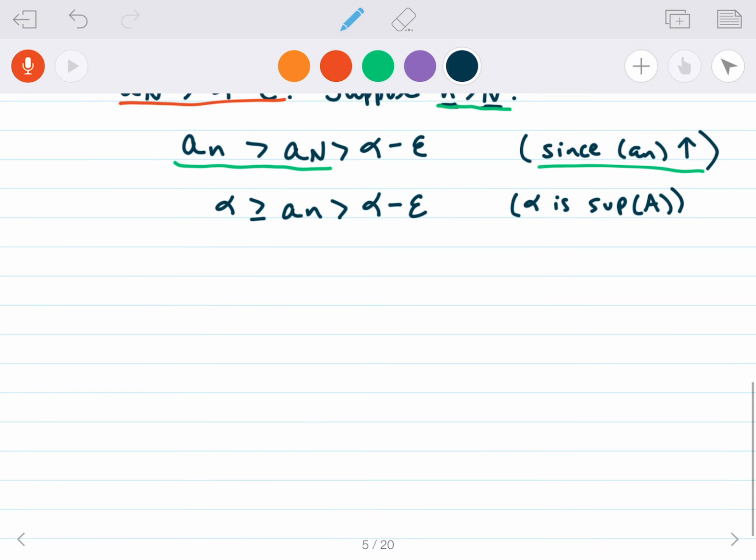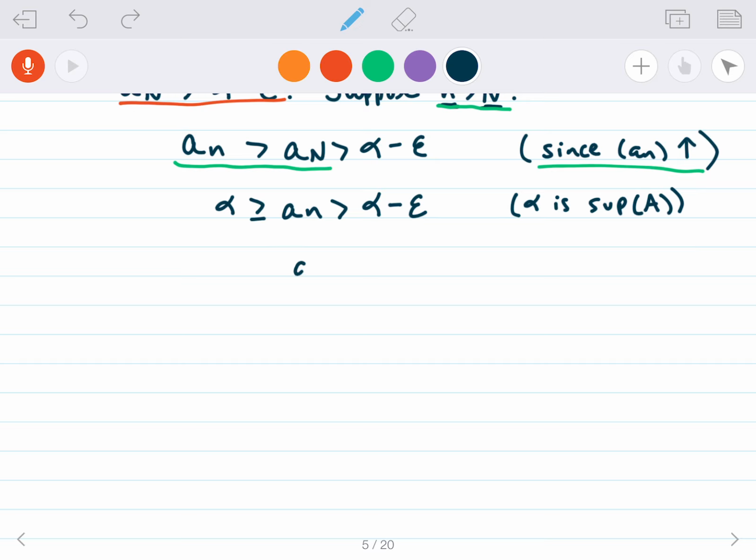Okay? So remember that epsilon is just a positive number, any number bigger than 0. And so if A sub n is less than or equal to alpha, then A sub n is certainly going to be less than or equal to alpha plus epsilon, a little bit more, right?